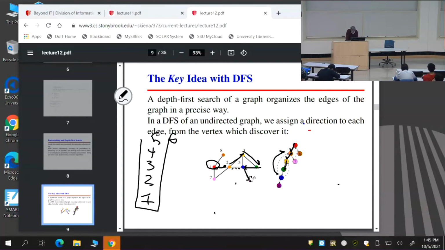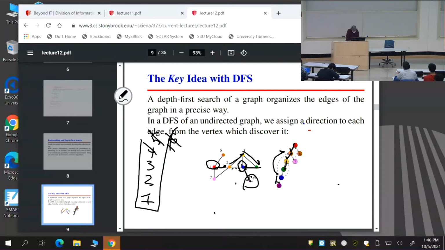I look at the outgoing edges. 5. Well, 5 has been discovered. There's nothing else. Pop 6. 6 is completely processed. I've looked. Pop 5. There's nothing else for me to look at there. 5 has been completely processed. All of 4's edges have been considered. 4 has been completely processed.